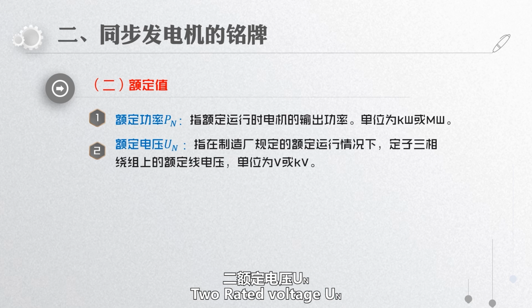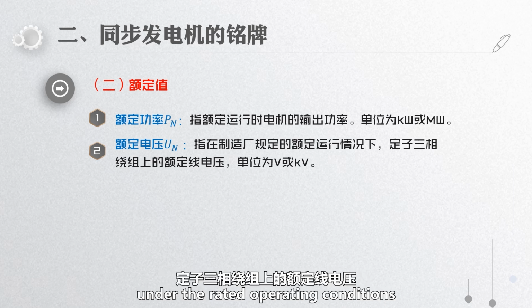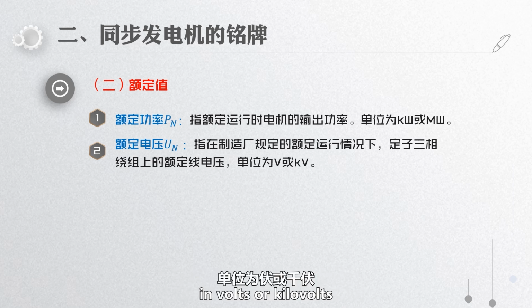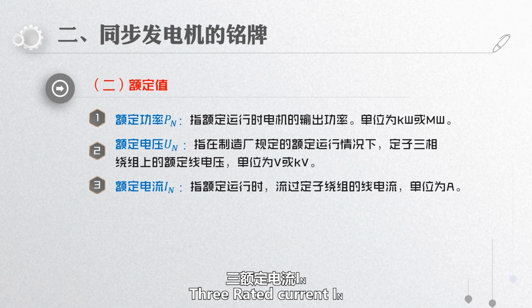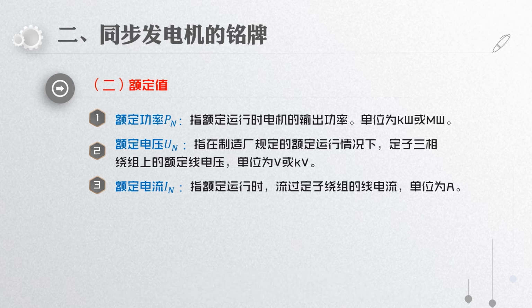Rated voltage UN refers to the rated line voltage on the stator's three-phase windings under the rated operating conditions specified by the manufacturer, in volts or kilovolts. 3. Rated current IN refers to the line current flowing through the stator windings under rated operating conditions, in amperes.